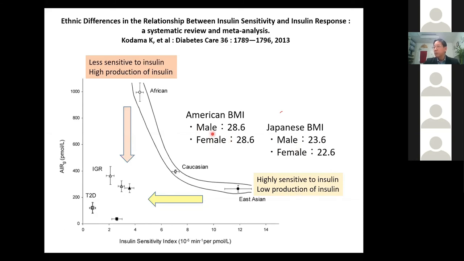The average BMI of Americans is 28.6, but we Japanese, 23.6. So even though we are not categorized as obese, we are facing very high risk for type 2 diabetes. So we have to be very, very careful.